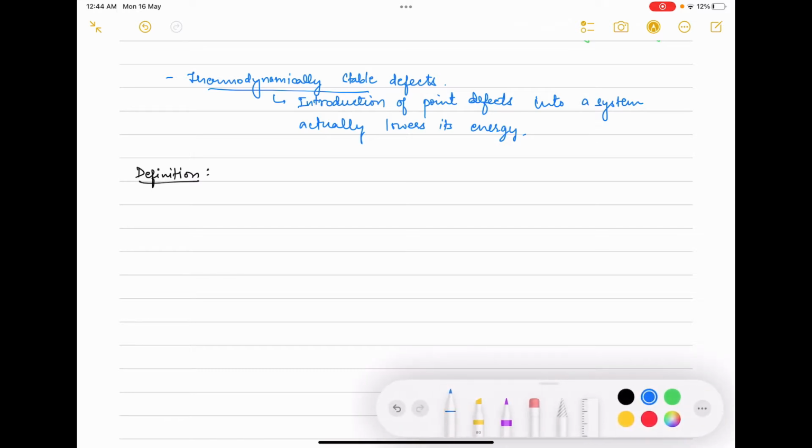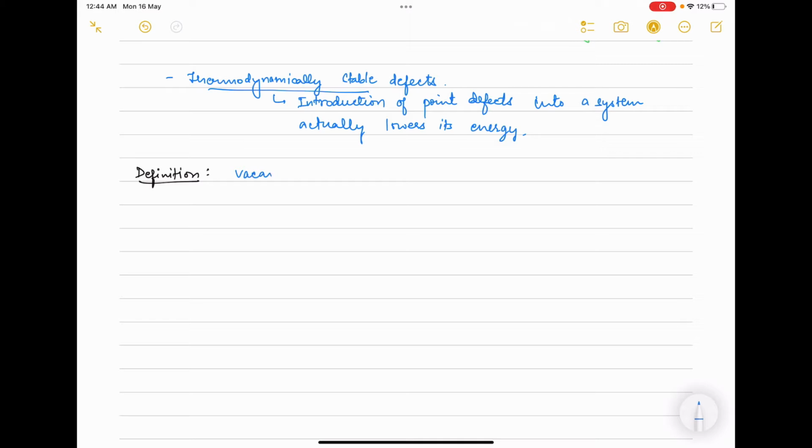So it can be defined as vacancy or a mono vacancy, that is missing of a single atom only. Mono means one. So they are imperfect point-like regions in a crystal.